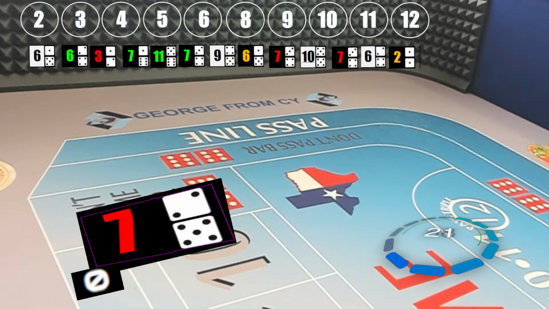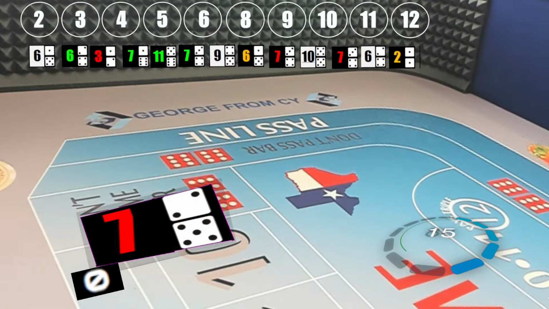I have to rebuy now. It's doing quite well, but unfortunately not so right now.